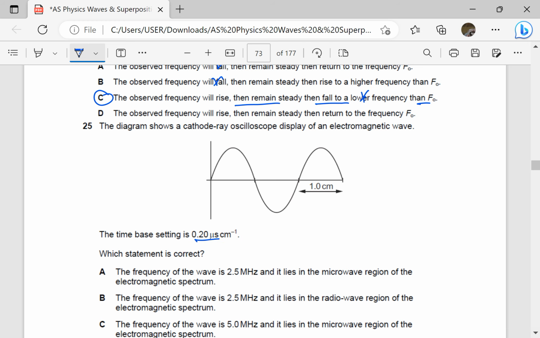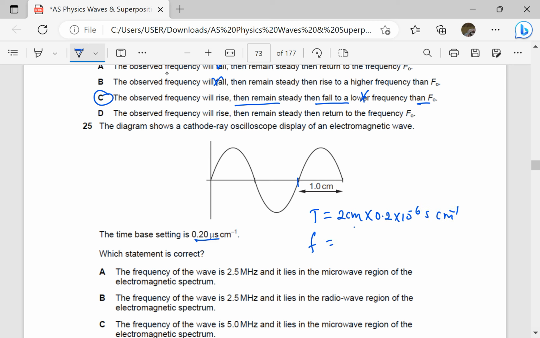Let's check the frequency. Because it is an electromagnetic wave with that time-base setting, the period is going to be equal to 2 centimeters times 0.2 times 10 power negative 6 seconds per centimeter.